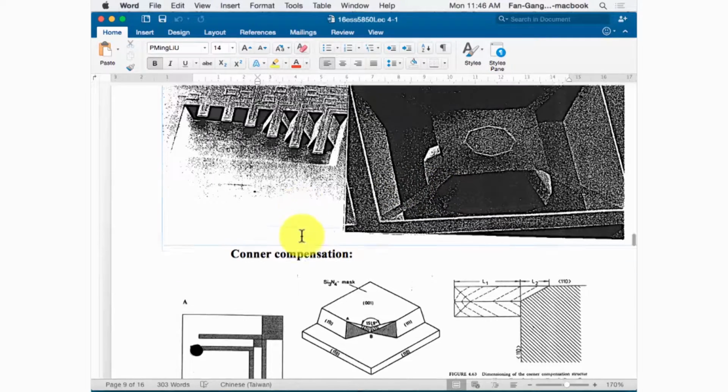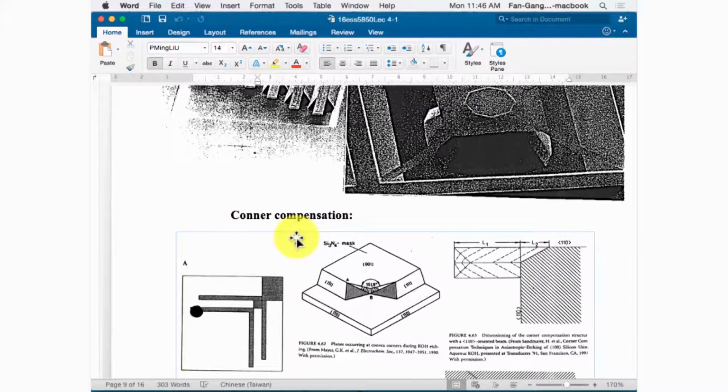So that's why we need to consider the corner compensation problem. The idea for corner compensation is that because the corner will be attacked, you want to etch down to some depth to leave this kind of extrusion structure, like a mountain structure. So maybe we need to extend the time until the corner is attacked. For example, we extend the mask material in the corner region to be longer.